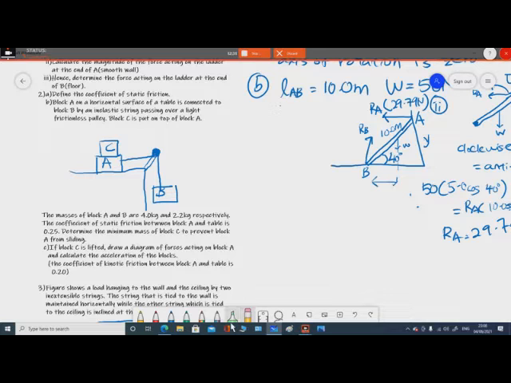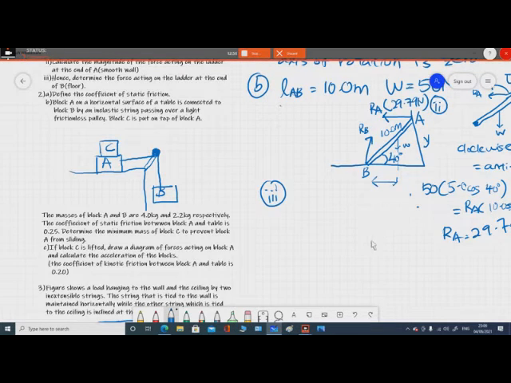Question part 3 asks about the force acting on the ladder at the end of B. So the question is asking about RB.